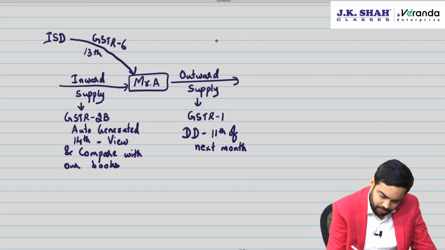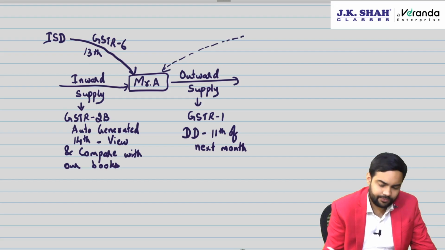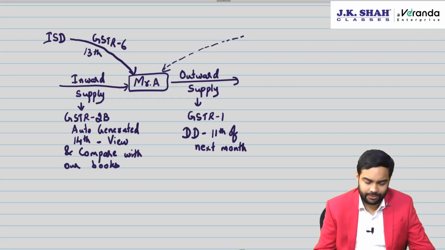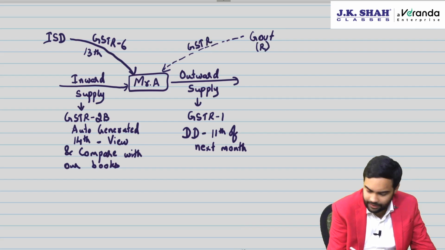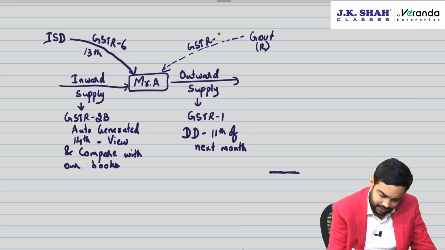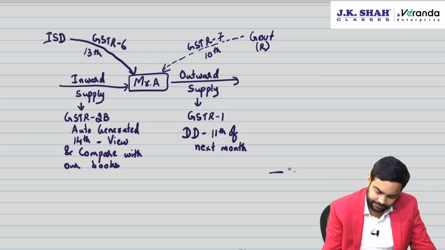Thereafter, it is also possible that he supplies through an e-commerce operator, and he also has government contracts. So when he is making a supply to government, where government is the recipient, then the government department will be required to file GSTR 7, and the due date for government department is 10th.